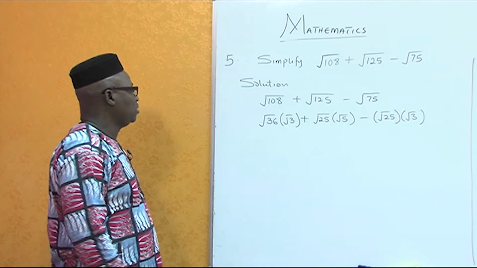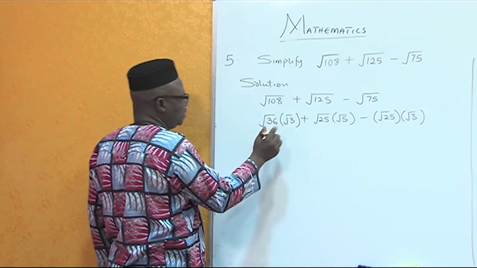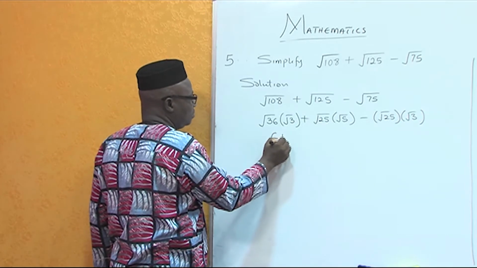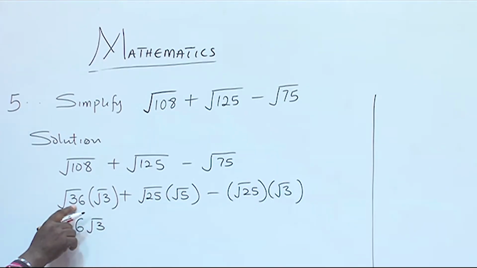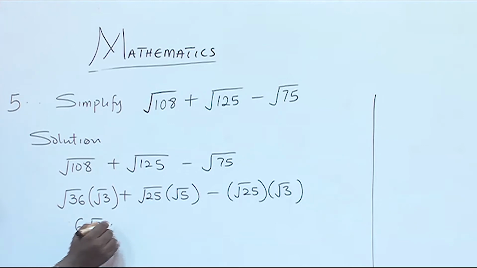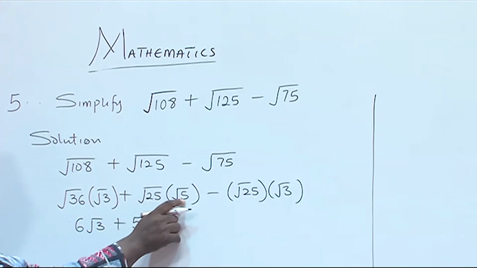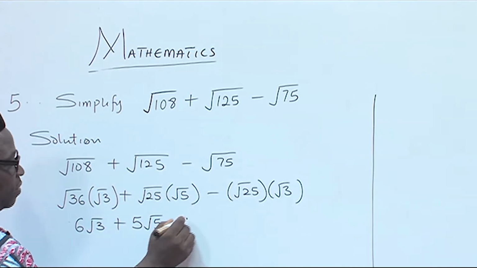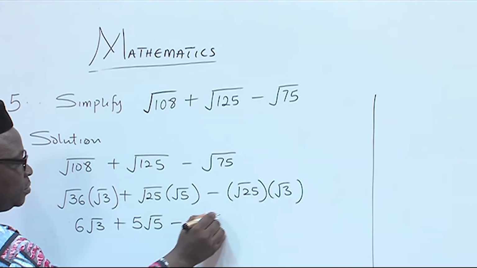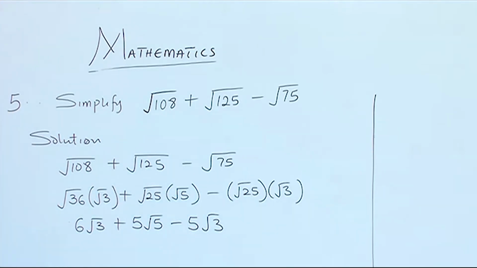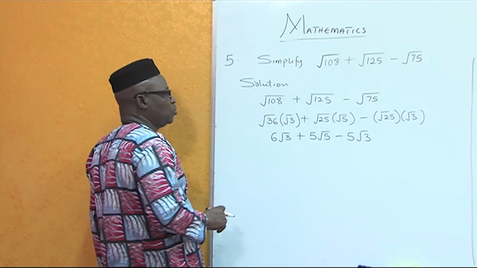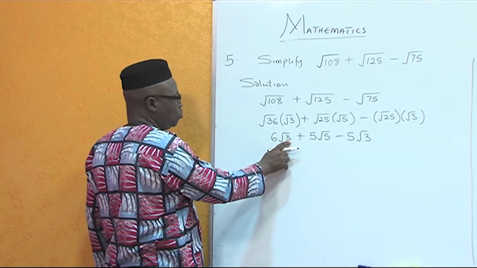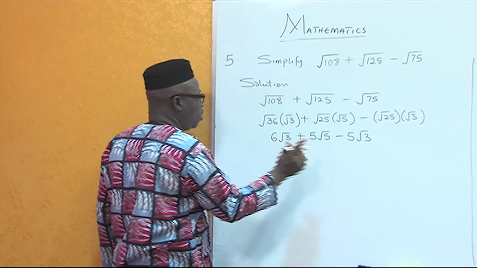So at this point, we'll simplify. Root 36 is 6, so this is 6 root 3. Plus root 25 is 5, then this root 5 will be in place. Then minus root 25 here is also 5 root 3. Now we are going to bring the similar surds together. 6 root 3 and 5 root 3 will come together.